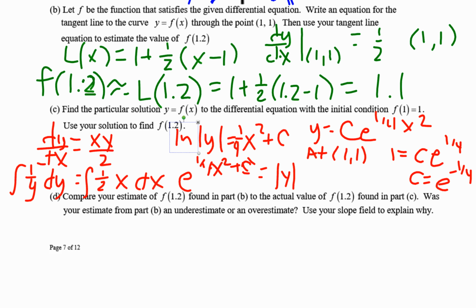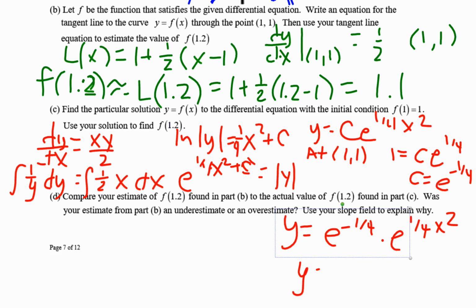So y equals, if I have e to the negative 1/4 times e to the 1/4 x squared, I can actually have my equation be e to the 1/4 x squared minus 1/4. Okay, there's my particular equation.